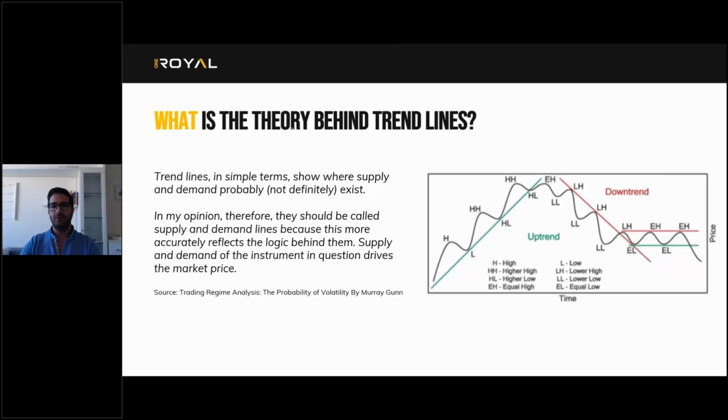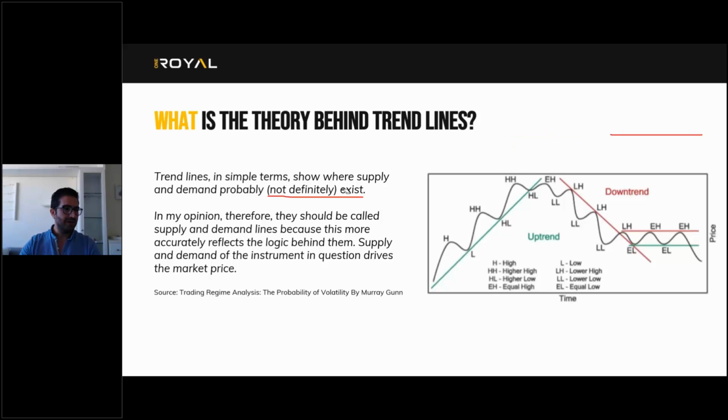What is the theory behind trend lines? Trend lines in simple terms show where supply and demand probably, not definitely as always, exist. So going back to our supply and demand session or support and resistance, let me remove this.